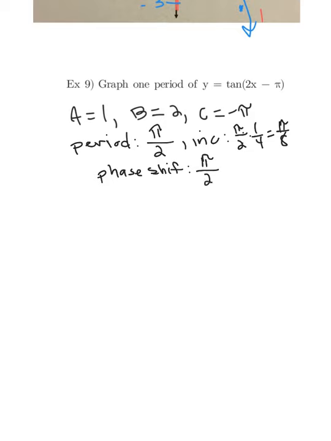This does not simplify, but remember, we want a common denominator between increments and phase shift. So I'm going to think of this as being 4 pi over 8, so that now I have a common denominator for those two items.